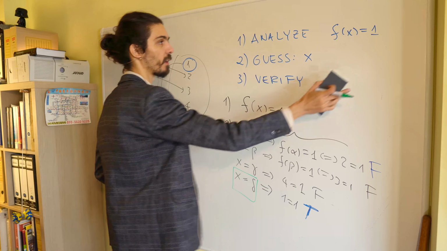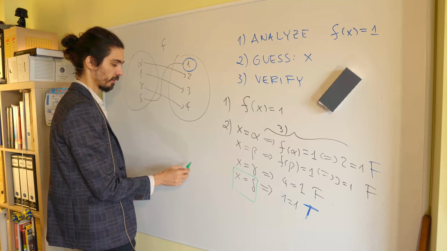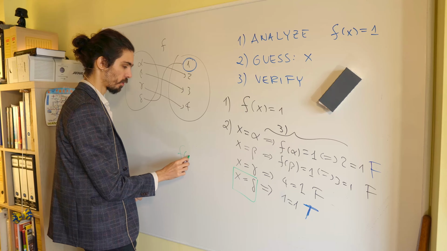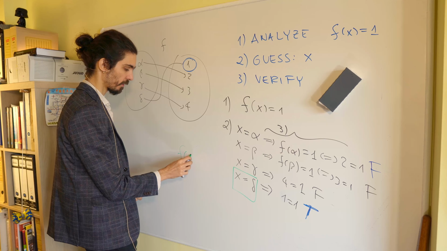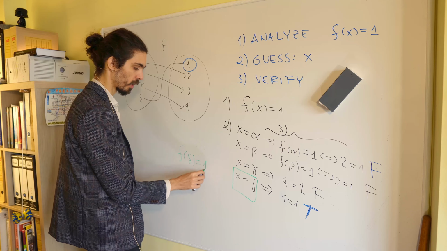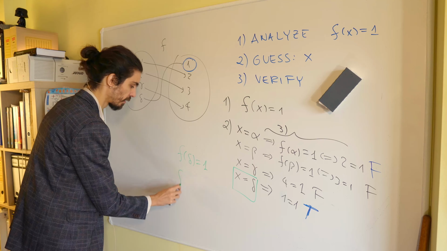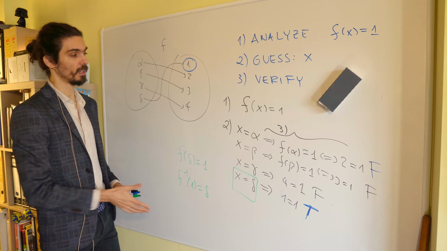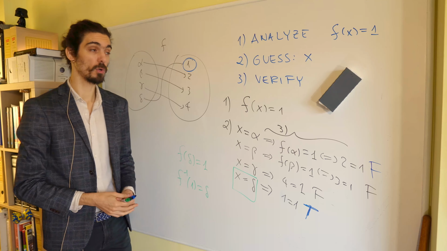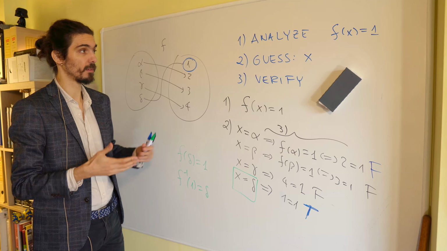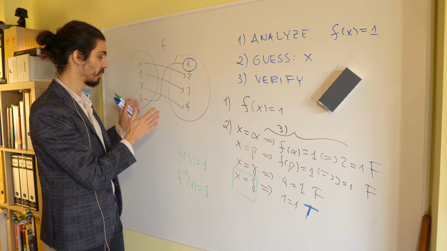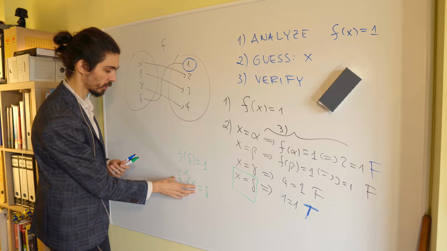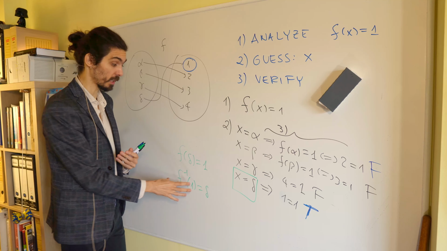From this, we can finally write that f of delta is equal to 1, or in other words, f minus 1 of 1 is equal to delta. By following these 3 steps, you can find the evaluation that we started with.